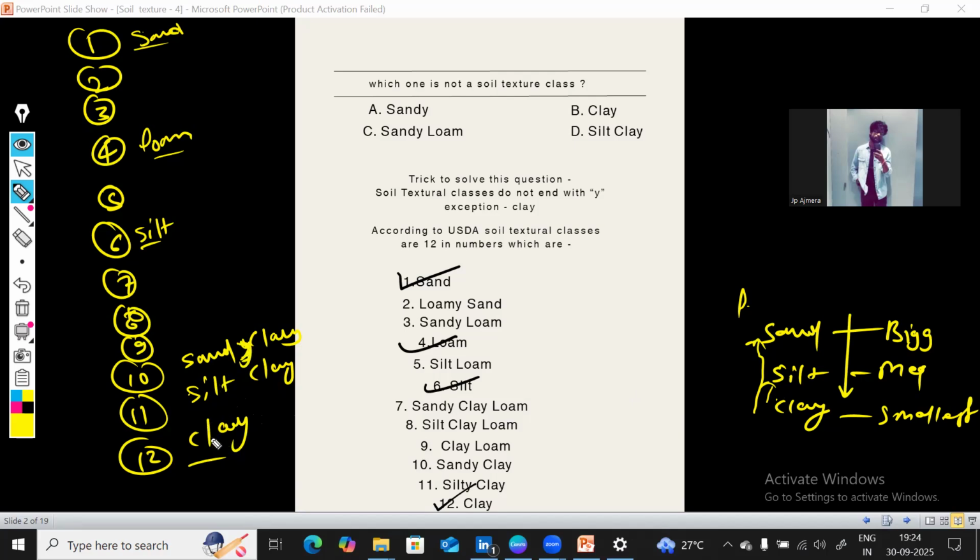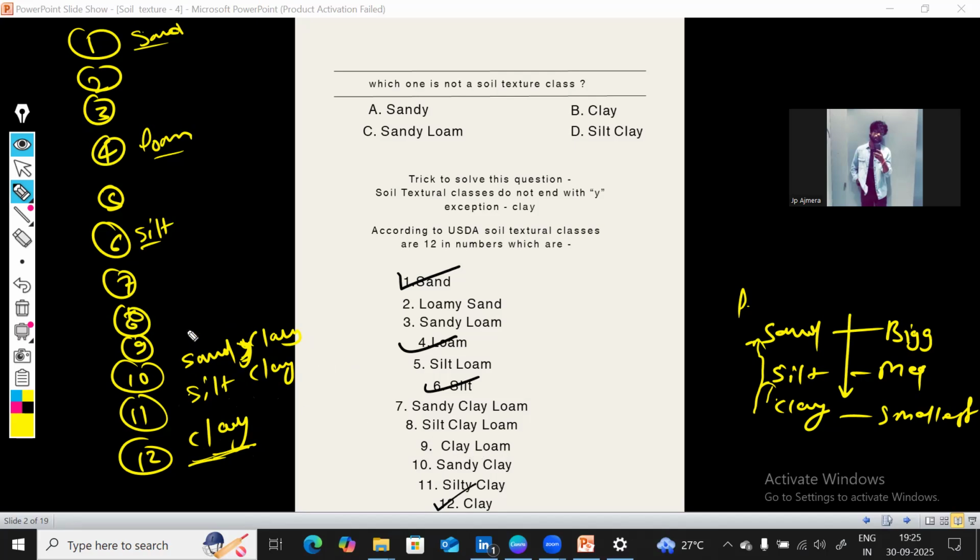We write clay at the lowest, the 12th number. Then this is the clay series. We'll type according to size which soil particle comes just before clay, and then we add clay. After that comes sand, and we add clay. That's all for the compounds. I think these three things are clear to you. Then the next series is next.